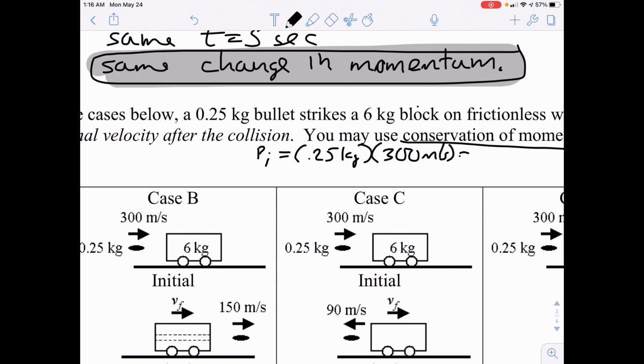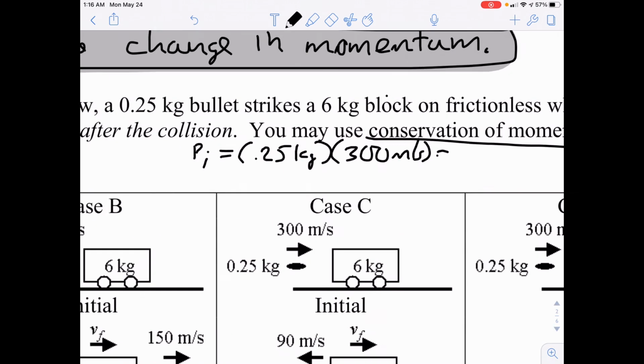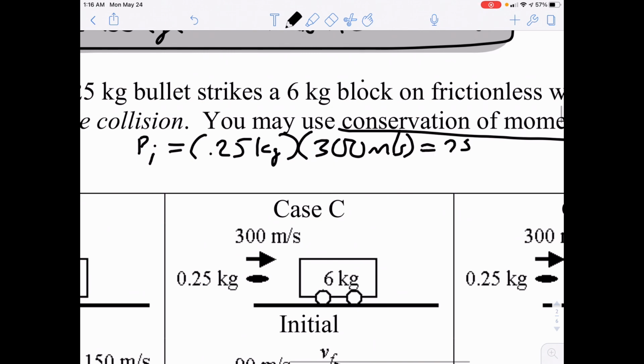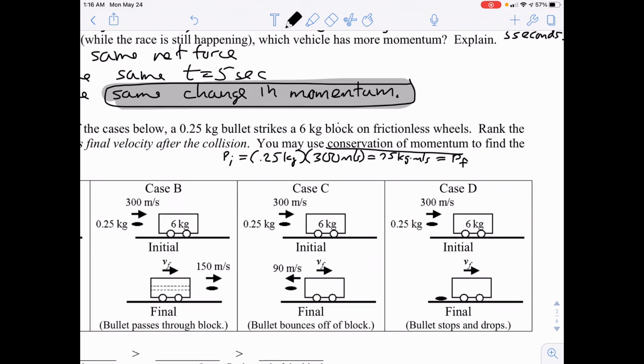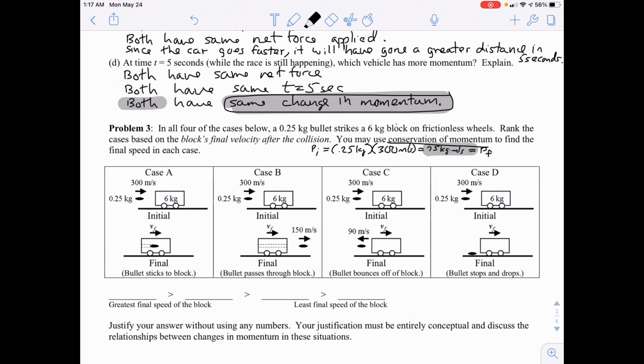If we multiply 0.25 times 300 meters per second, we get 75 kilogram meters per second. According to the law of conservation of momentum, this also needs to be the final momentum. So the initial and final momentum have to be 75 kilogram meters per second. And we will use this information to find the final speed in each case.